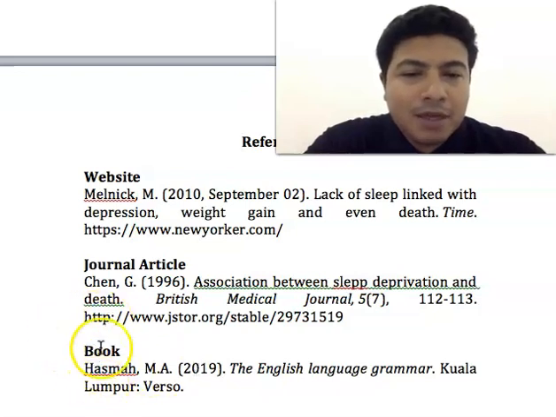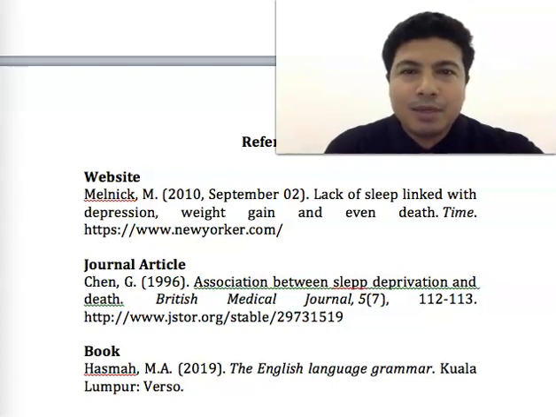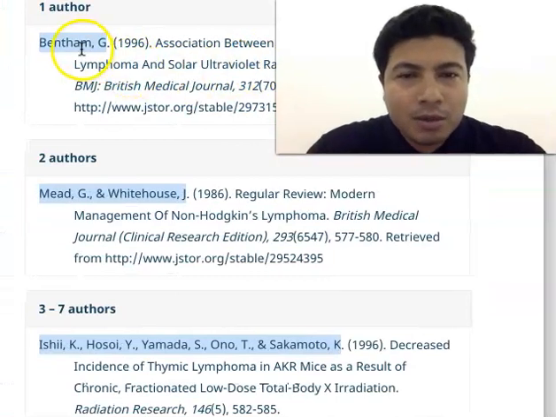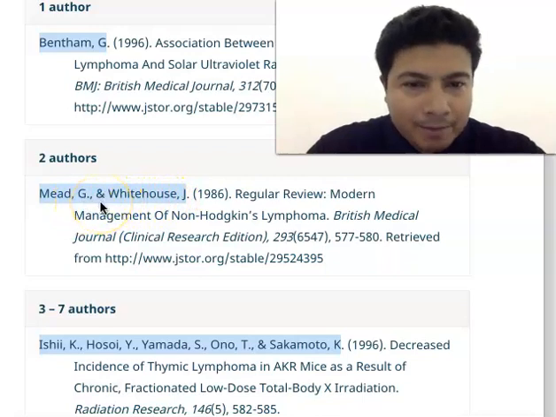Let's say if there are many authors. So if there are many authors, this is what you can do. So if let's say one author, which is normal, if there are 2 authors, you put the surname of the 2 authors with ampersand.